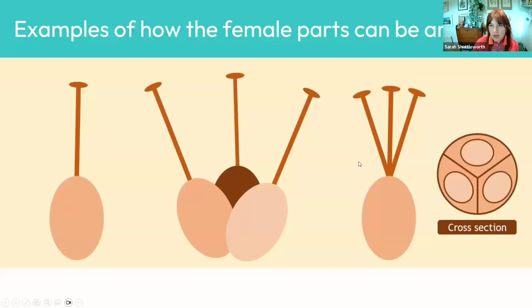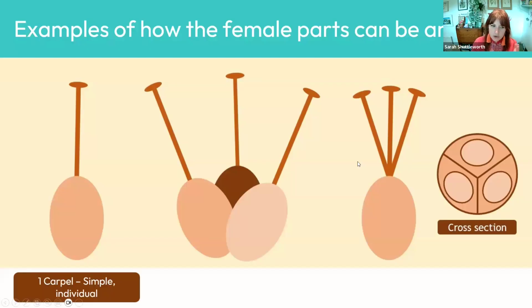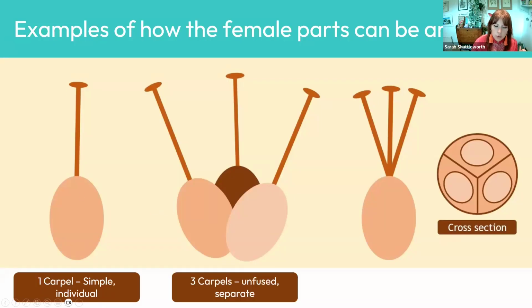So I was mentioning how you can have it arranged. As in the previous drawing, we had it very simply: one carpel, with the ovary, the style, and the stigma at the top. Or you could have three carpels that are not fused together. They are separate. When you think of buttercups, if you go and look at a buttercup up close, you've got your lovely yellow petals, and then right in the centre, this jumble of yellowy green blobs that aren't the stamens.